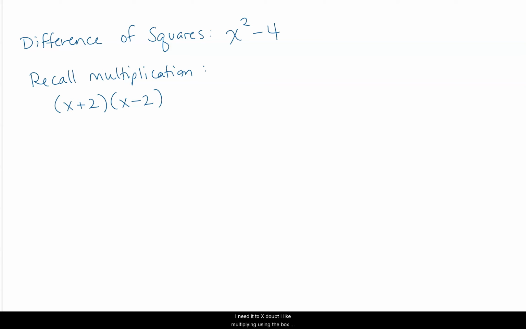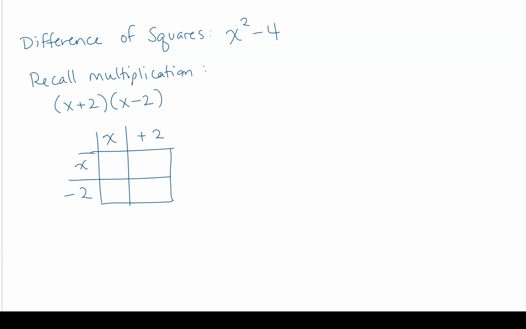I like multiplying using the box method, so I'm going to set up my box, x plus 2 and x minus 2. And then we multiply x times x, x times 2, x times negative 2, and negative 2 times positive 2. Writing these factors out, x squared plus 2x minus 2x minus 4.